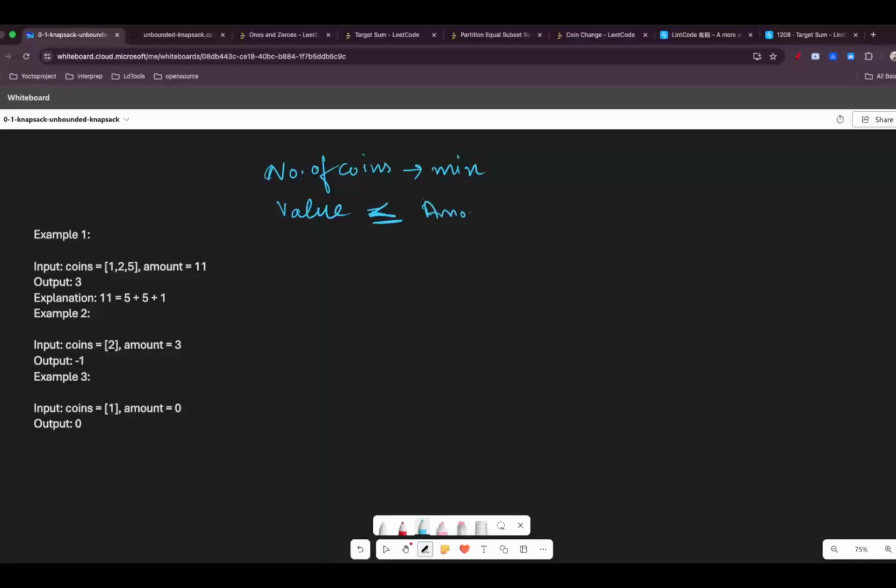That is the question. So we are giving importance to the number of coins, not the value, right? Basically we need to give importance to both, so that we are able to achieve this amount but with the minimum number of coins. It's about comparing the weight with the weight, but the products used here should be minimum.